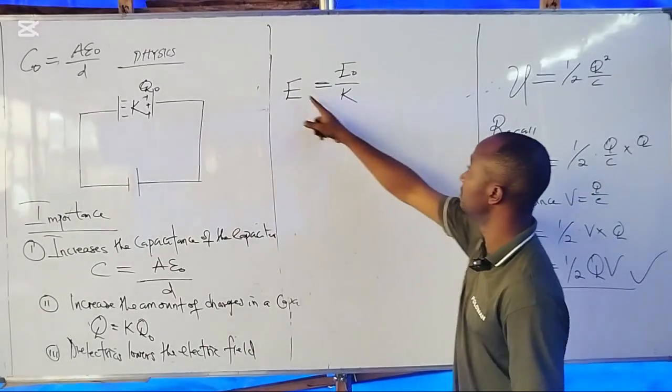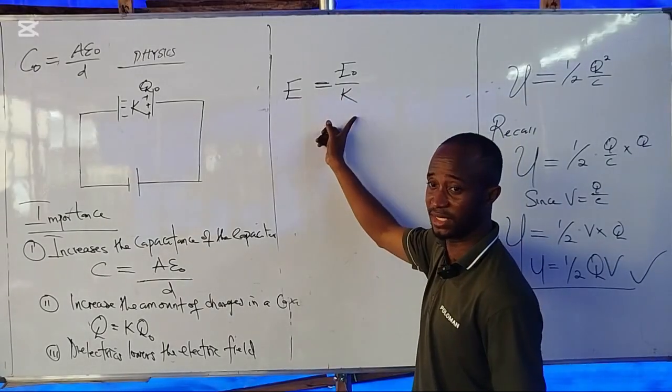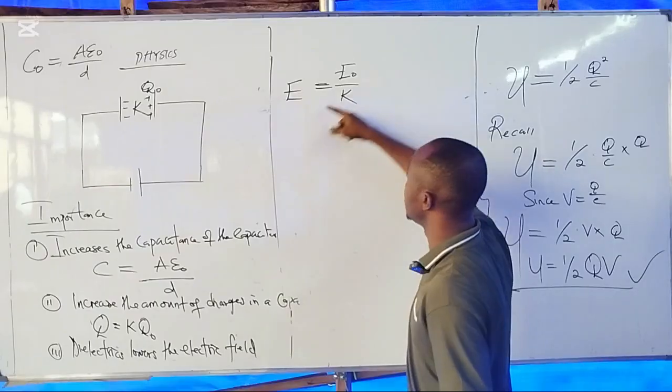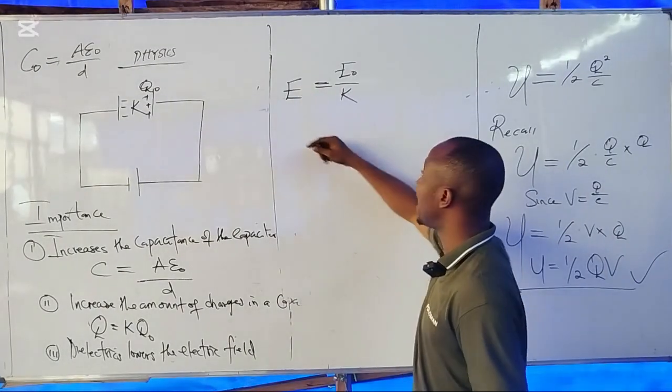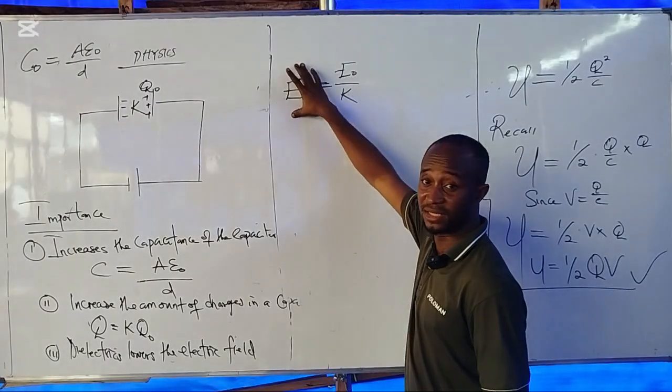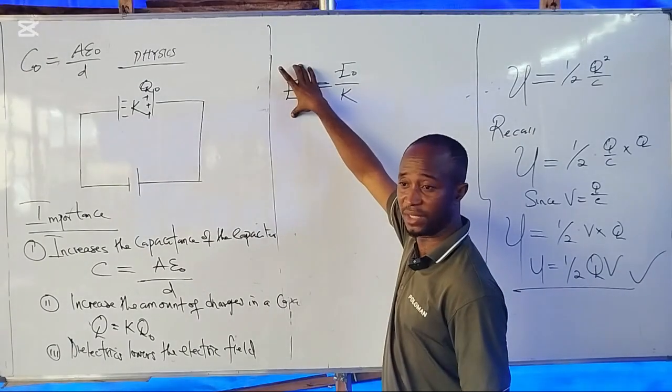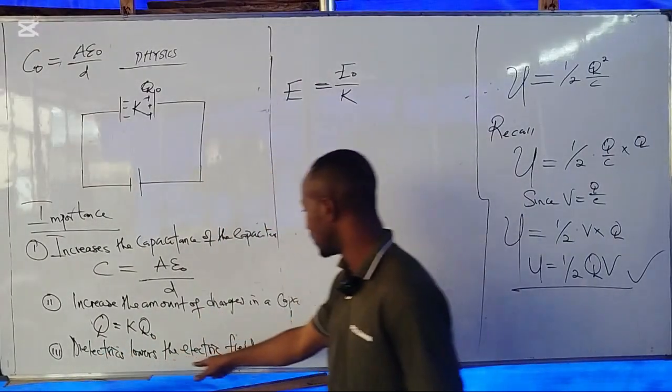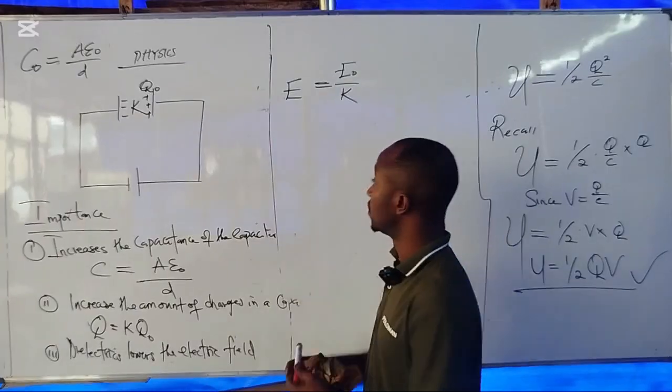Between this and this, they have a negative relationship, meaning that if I increase this, it will reduce this. So addition of this will reduce the intensity. Are you following now? So it lowers the electric field.